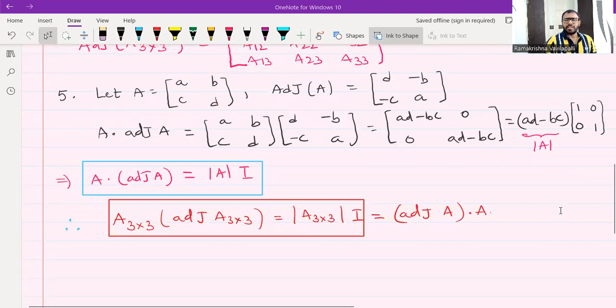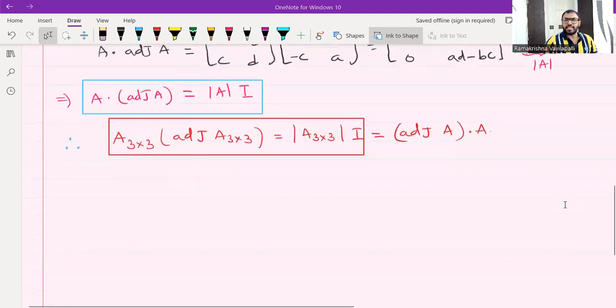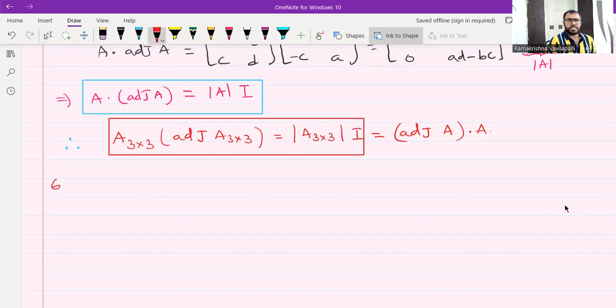So now I'll derive a few things based on this concept. A into adjoint of A equal to that A into I. So now, here you see, if A is invertible, or I can say if that det A not equal to 0, then A inverse exists.